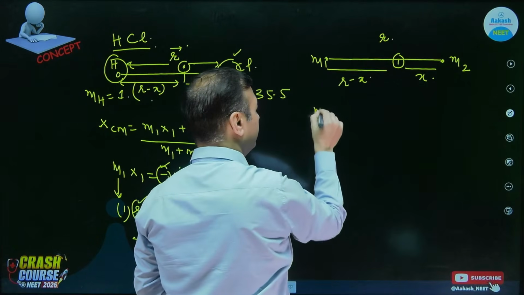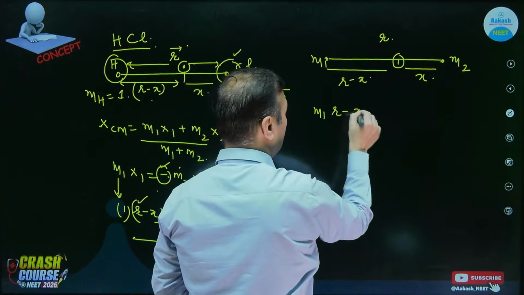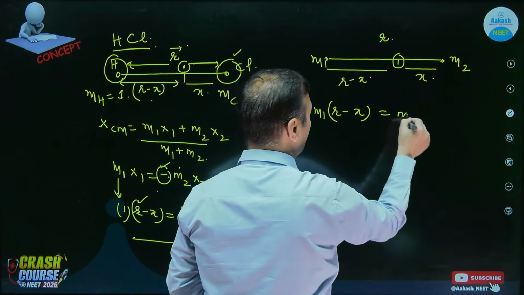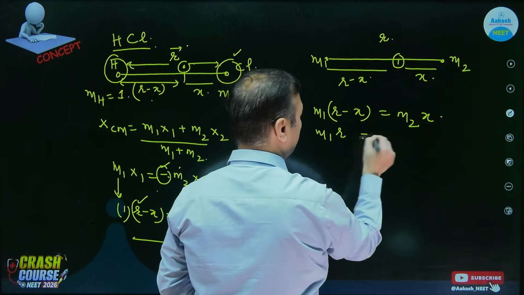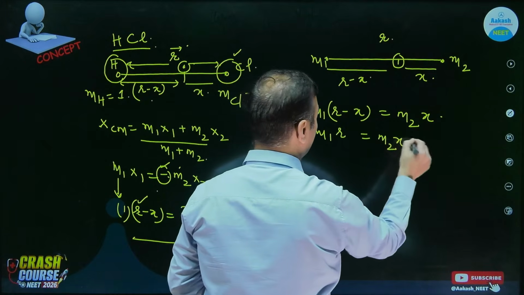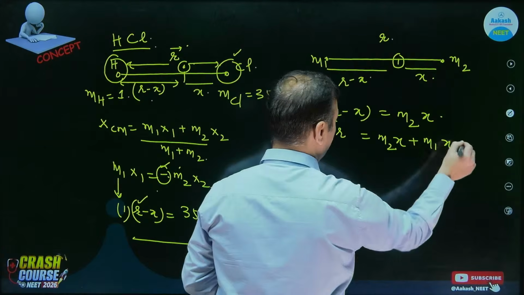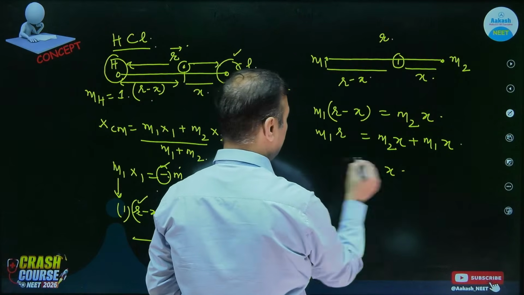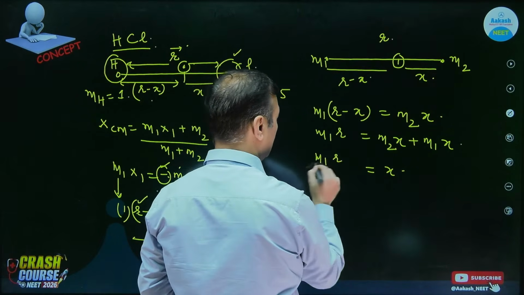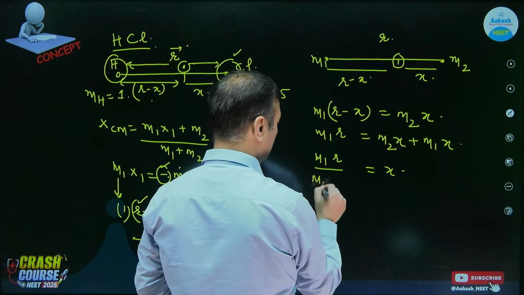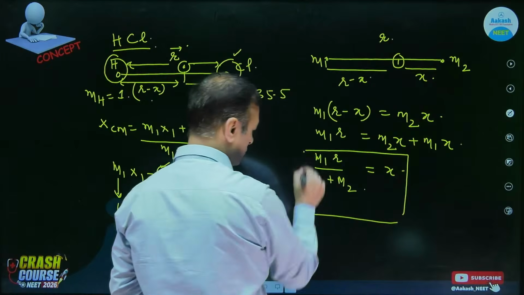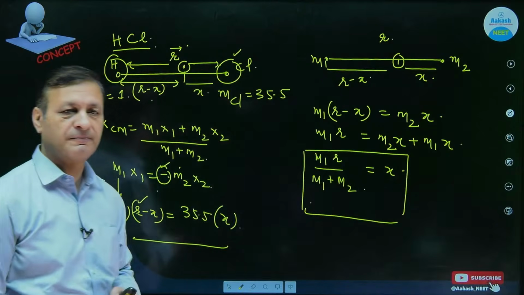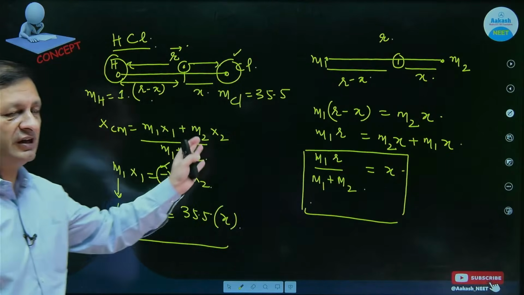So going by the same fashion, m1 (r minus x) is equal to m2 into x. So m1 r is equal to m2 x plus m1 x. So that defines x as m1 r by (m1 plus m2). Got it? So this is a general format.